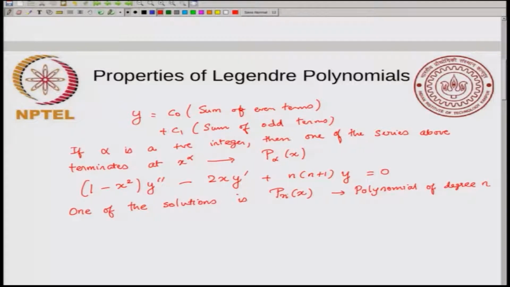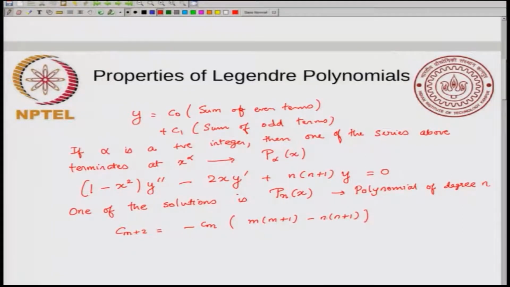Since we know how to calculate the individual coefficients, we can use this. We had the recursion relation; I should write it slightly differently. I will use C m plus 2 is minus C m times (n minus m)(n plus m plus 1), with m plus 1 times m plus 2 in the denominator.